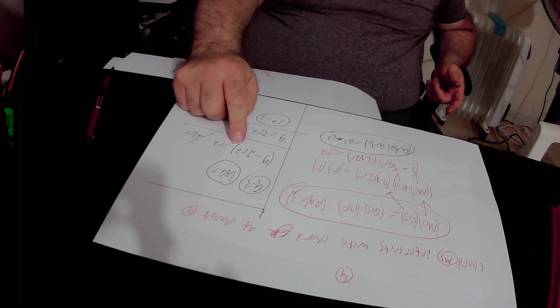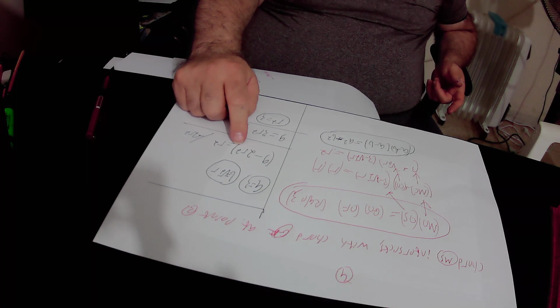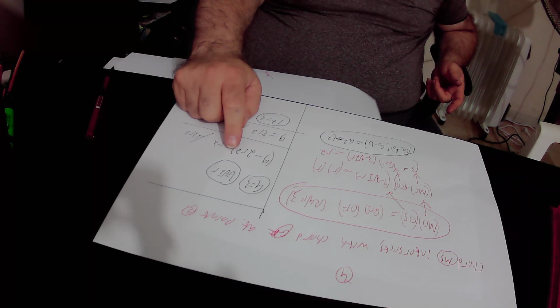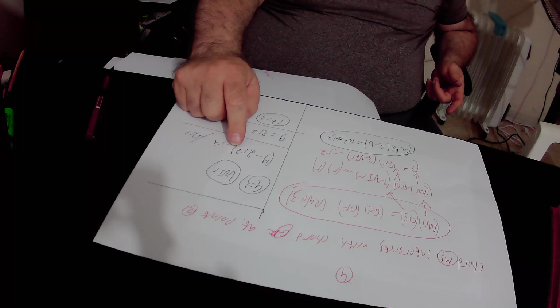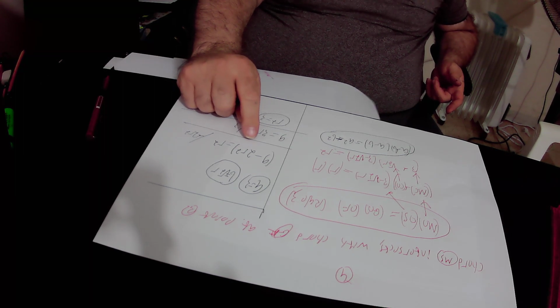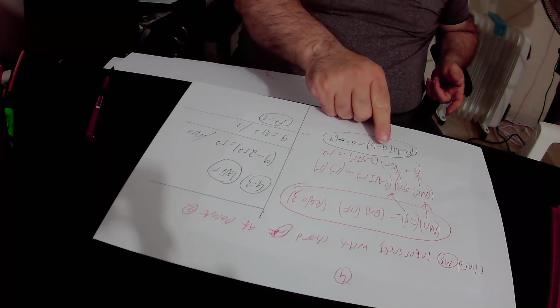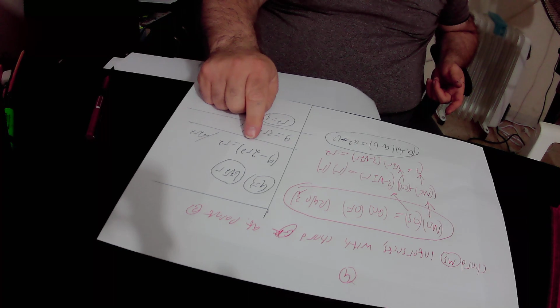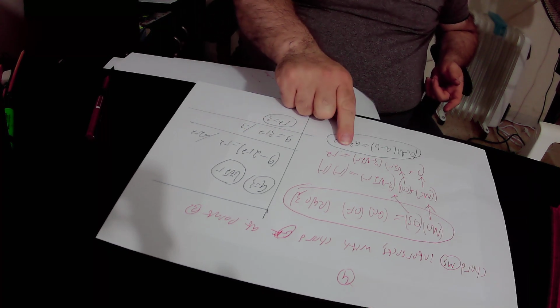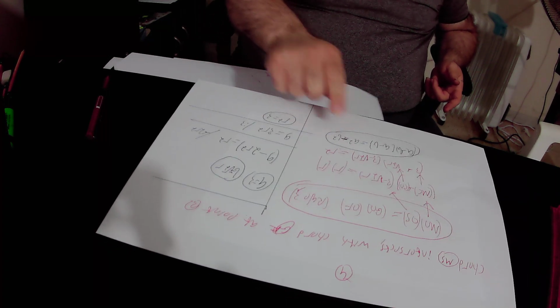B squared is the square root of 2R squared, which is 2 times R squared. So we found out that this expression equals 9 minus 2R squared, and it also equals R squared.